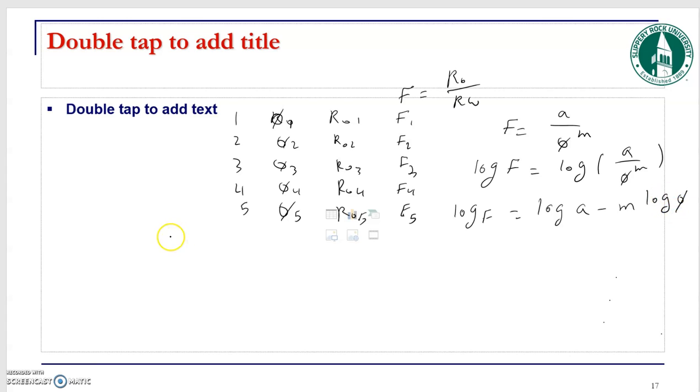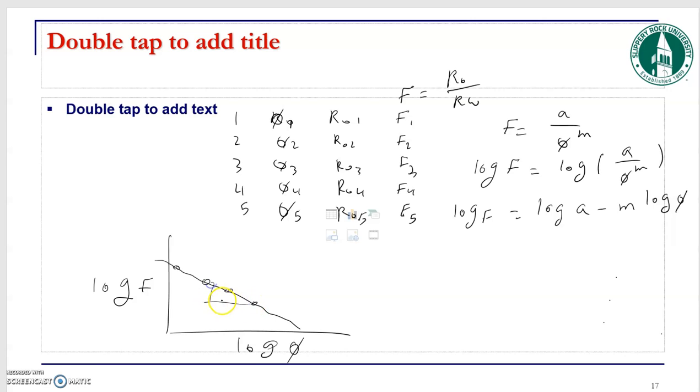So if you plot log of F that you have found as a function of logarithm of porosity, then you will have a couple of data points, right? And then fit a line to them.